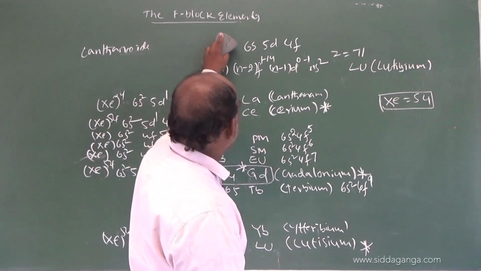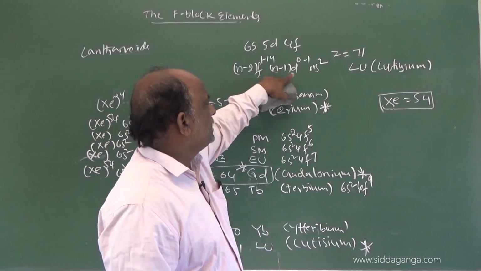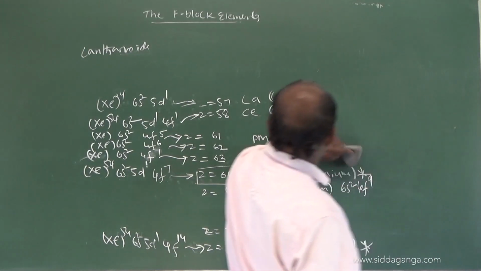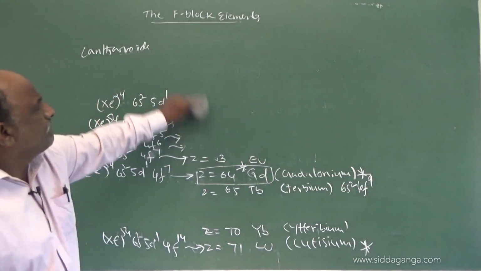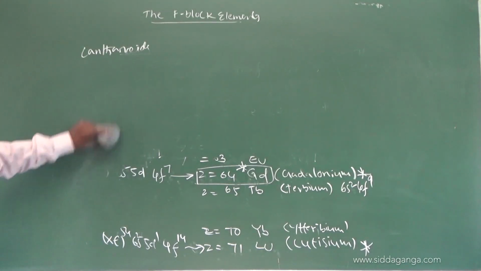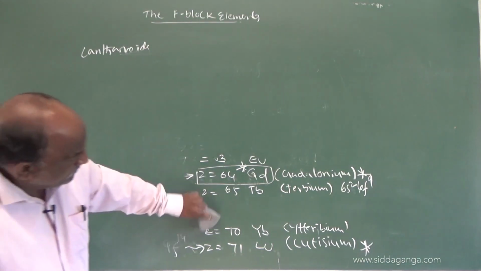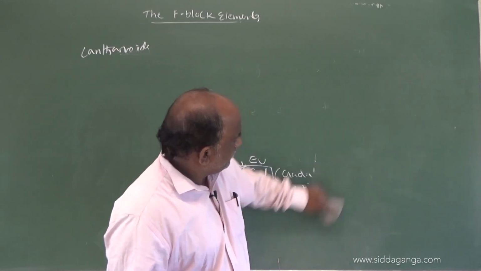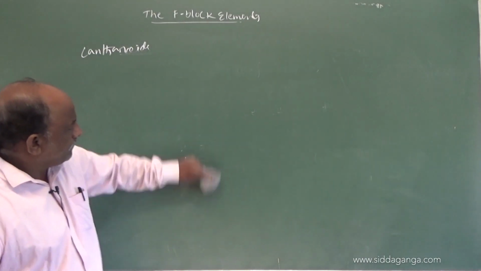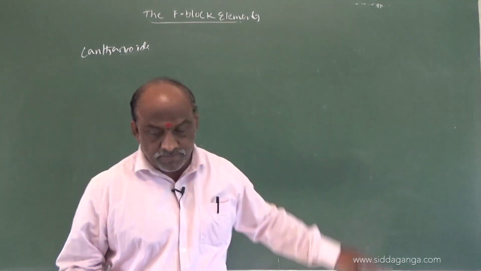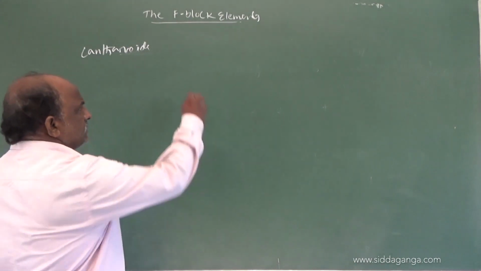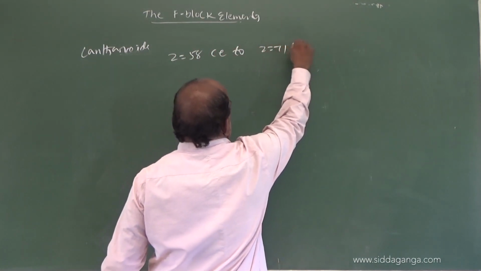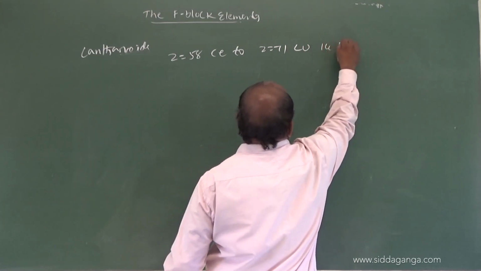This will be the electronic configuration: (n-2)f1 to 14, (n-1)d0 to 1, ns2. Generally, lanthanides have atomic number Z equal to 58, cerium, to Z equal to 71, lutetium, a total of 14 elements.